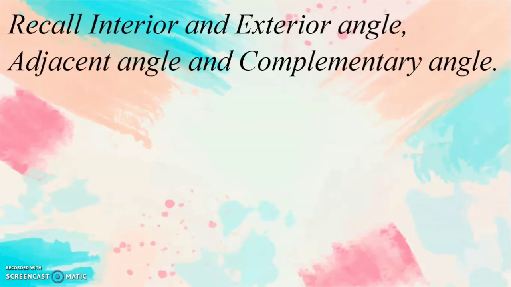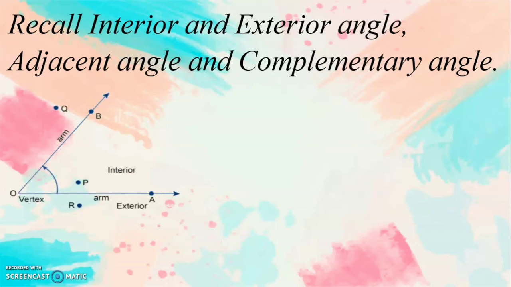Students, I hope all three concepts of angles and pairs of angles were clear enough. So now let's just recall all these three concepts once again. First is the interior and exterior angle. Points which are inside the angle are interior points.